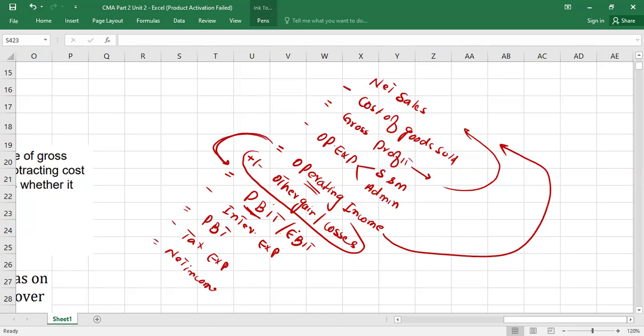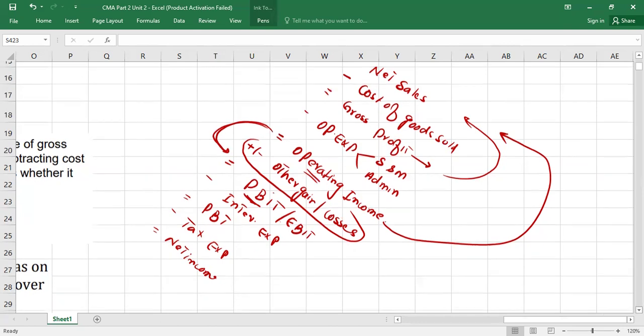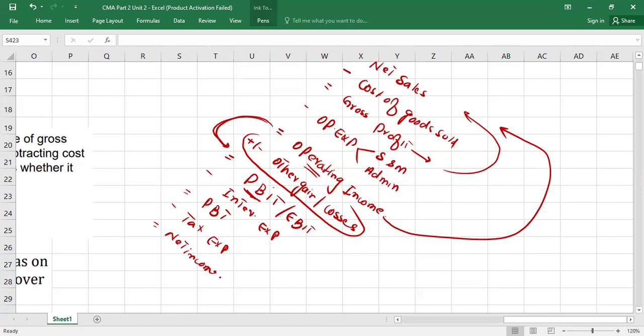Whenever you calculate the operating income ratio, we need the income statement and we will divide by the net sales value. And whenever you calculate the net profit ratio, we need the net income value and we will divide by the net sales value. Please remember, we divide by net sales. We studied this previously under common size financial statements, where we were converting our traditional financial statements to percentages.